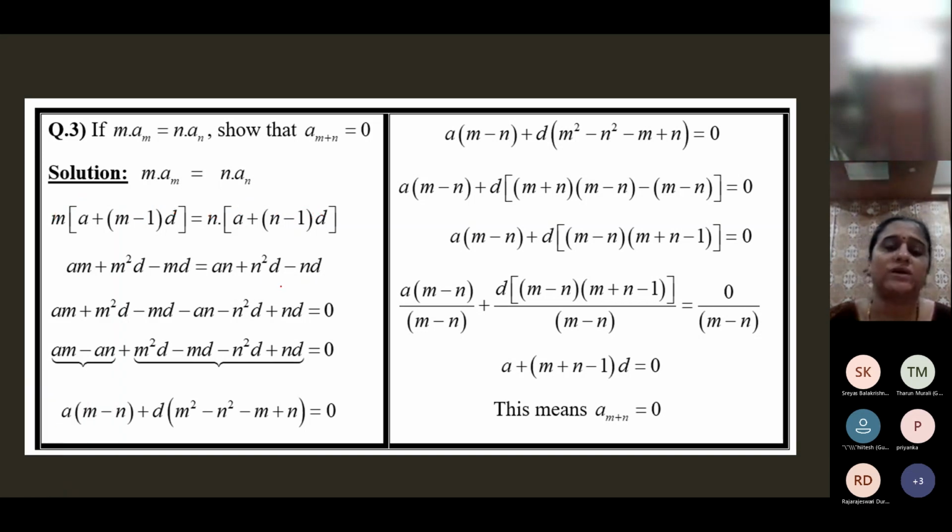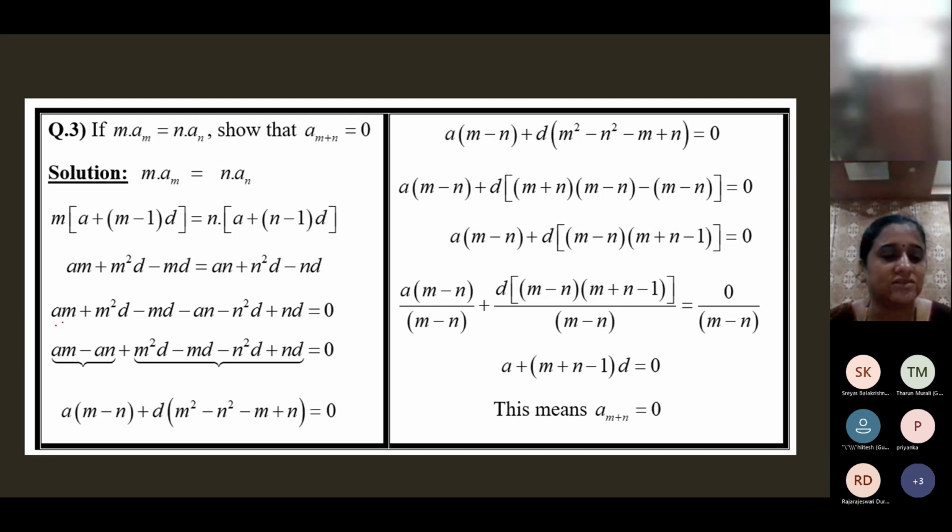Okay. So now after opening the brackets, we take all the terms to one side and we group the terms that contain A and group the terms that contain D. So next step, take all the terms to the left hand side is equal to 0.